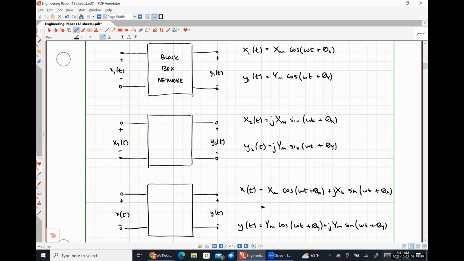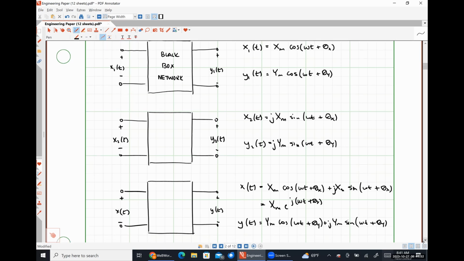Well, according to Euler's identity, my input signal is really just Xm e to the j omega t plus theta x, which is the exact complex number that we put in, right?